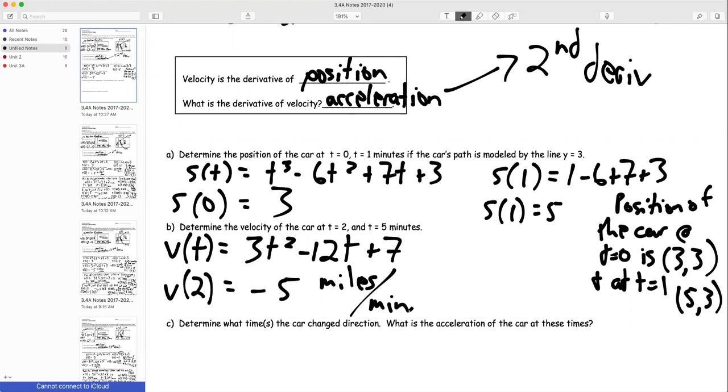The problem says so. Okay, and so now I'm going to find v of 5. So I'm going to plug 5 into my velocity equation. That gives me 75 minus 60, which is 15, plus 7 is 22. And again, miles per minute.